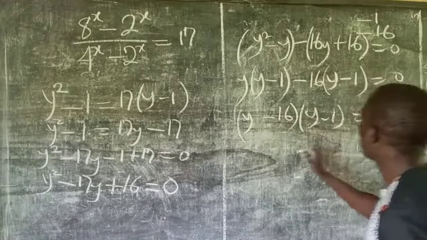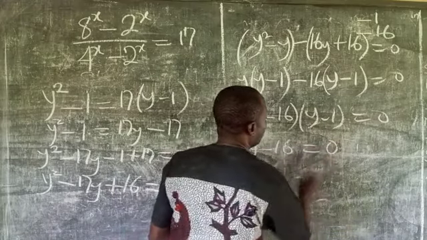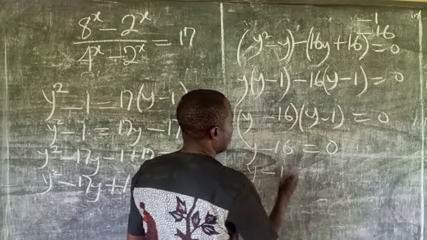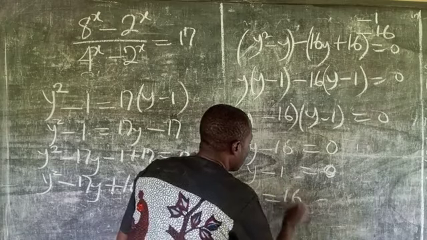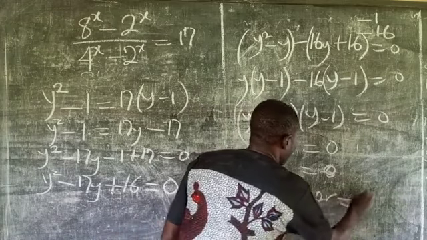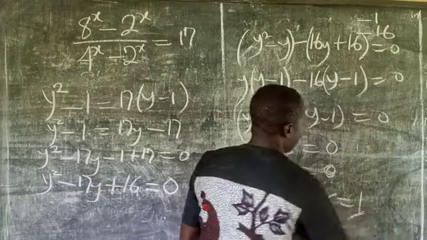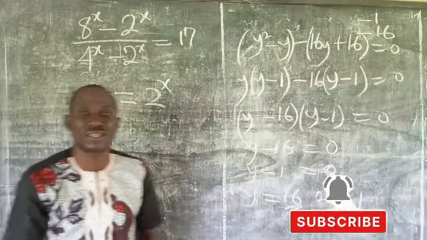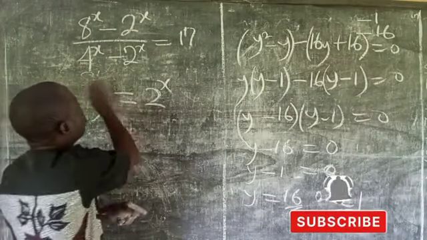So from here we have y minus 16 equal to 0, or y minus 1 equal to 0. So y is equal to 16 or equal to 1. And remember, we said that y is equal to 2 raised to power s.